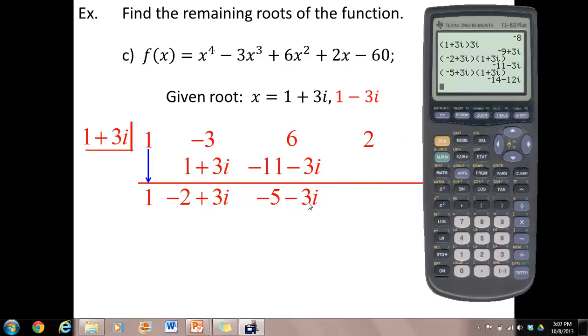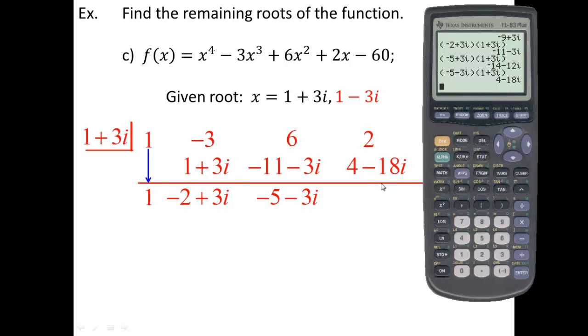That said negative 5 minus 3i, and I wrote negative 5 plus 3i. So that's a quick, easy fix. Let's just hit second enter, and then we'll just go back to the point where I made my mistake. Instead of writing a plus sign, I need that to say a minus sign, so I'll just replace it with a minus and try again. And I get 4 minus 18i, which looks much more familiar to when I did this problem earlier.